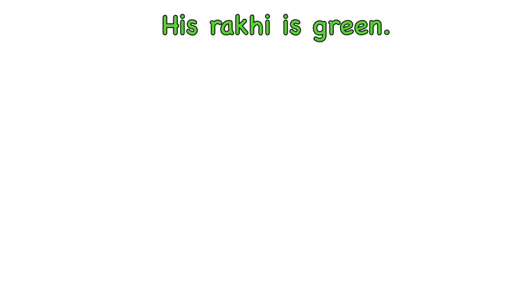All right. His Rakhi is green. I just put this in there as a break. Okay? This has nothing to do with anything we're doing. Let's just do this sentence in Hindi. How would we say his Rakhi is green? Rakhi is a feminine noun. So how would we say this? Uski Rakhi hari hai.